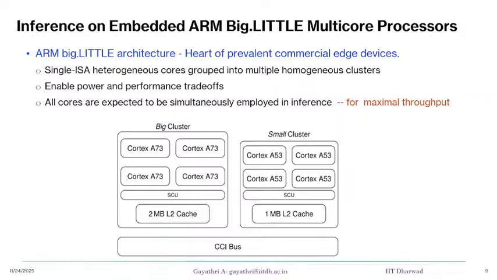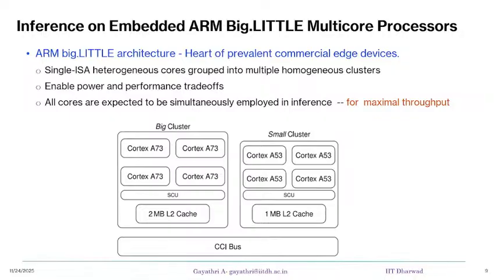These are powered by this architecture, where you have performance cores and energy efficient cores. The small cluster consists of cores that are not so powerful in terms of performance, but are energy efficient, and the bigger cores, the performance cores, are not energy efficient but give you good performance, right?